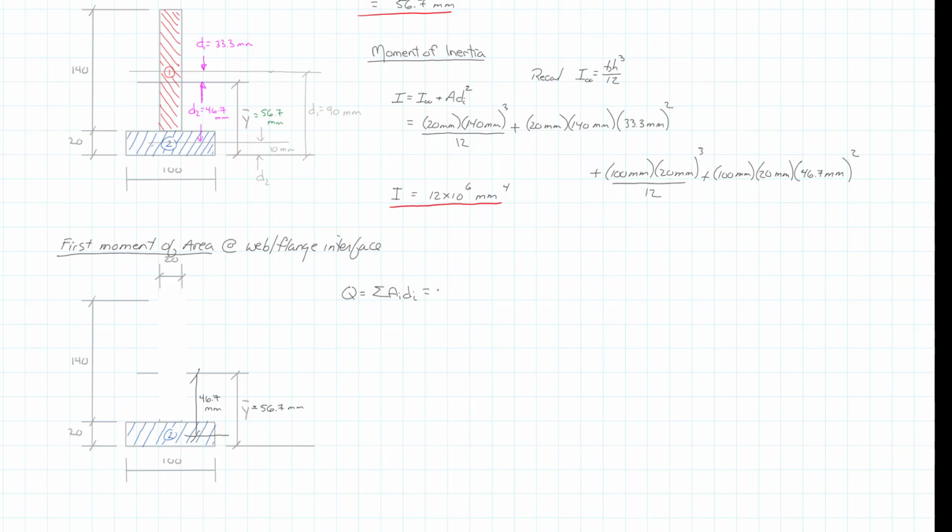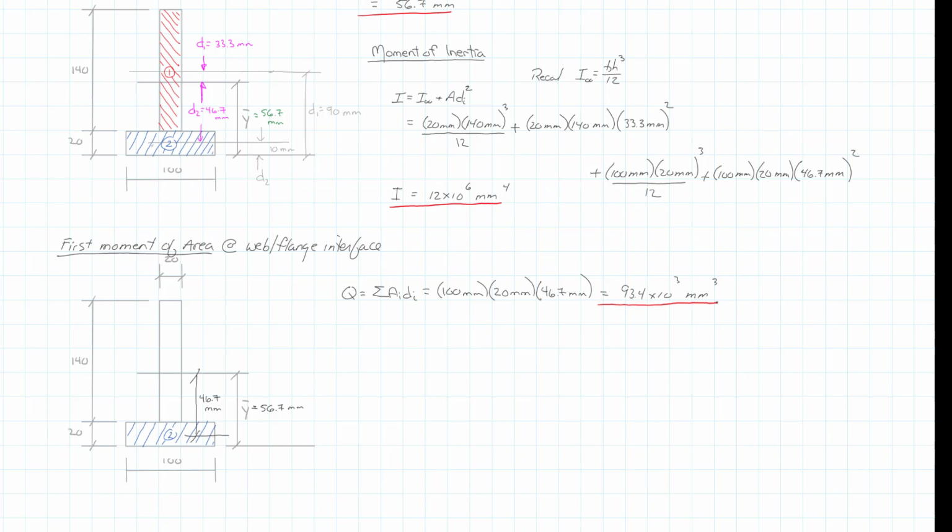And so our area is the area of area 2, which is that 100 millimeters times its thickness or depth of 20 millimeters. And its d sub i is 46.7 millimeters. And we get a value of 93.4 times 10 to the third, and units for that are millimeters to the third.